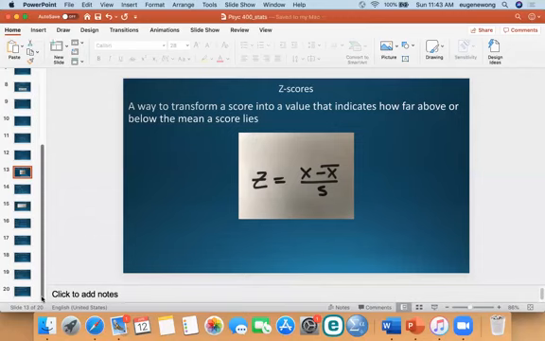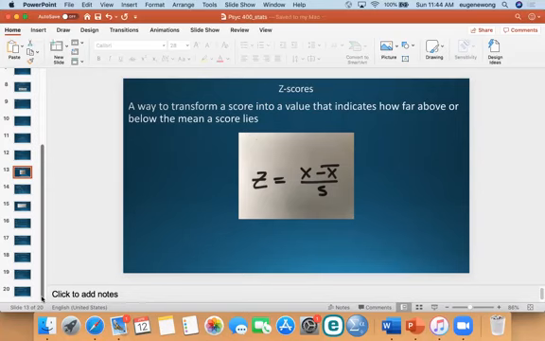It's a way to transform that 41 into a new value that shows us how far above or below the mean the score falls. So in other words, instead of just looking at that 41 and going, well, I have no idea what that means.